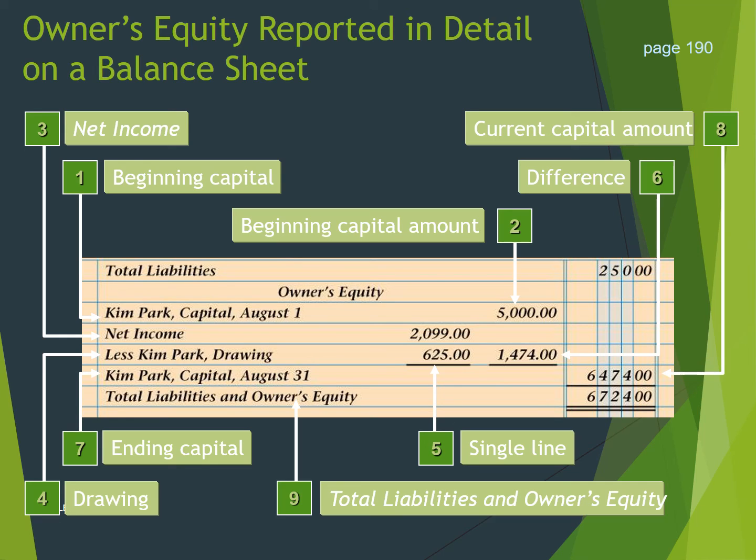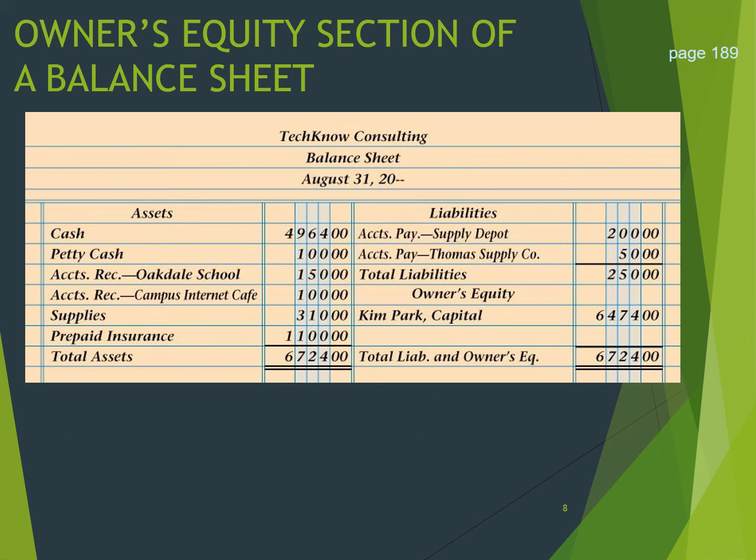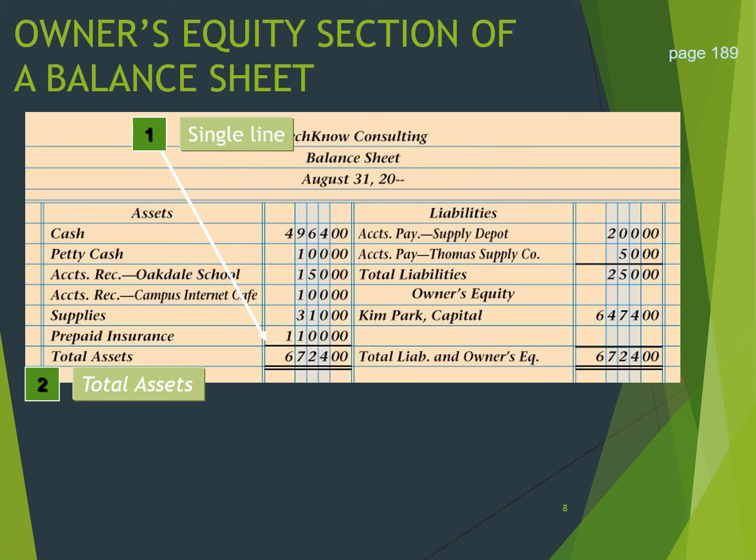So let's take a look at how this whole balance sheet looks. On the left side, we have the listing of our assets. We have a total of $6,724. Notice that we drew a single line after the last asset account. We wrote the words Total Assets.